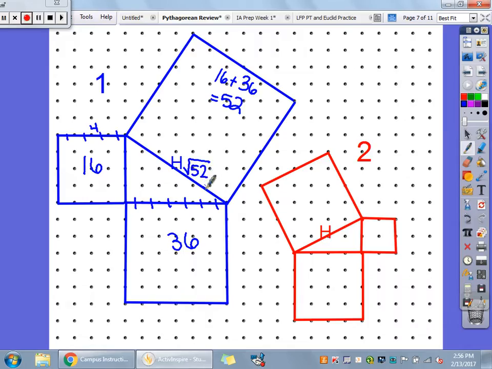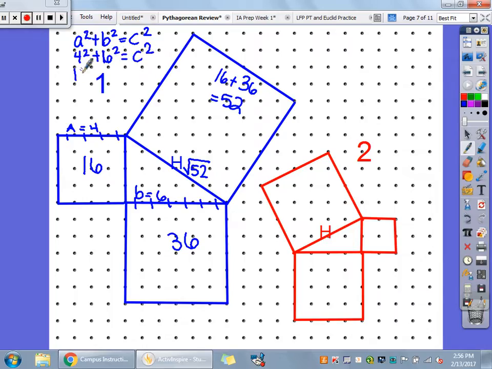All right, so go ahead and pause for a minute or two, see if you can figure out the hypotenuse of this. First, let me show you the other way. You can use a squared plus b squared equals c squared. So remember, if this is a and this is b, we just plug those in. So 4 squared plus 6 squared is equal to c squared.